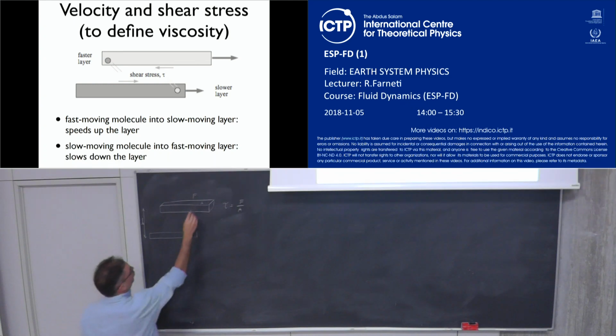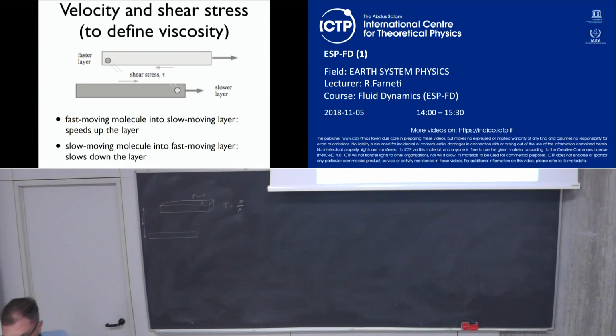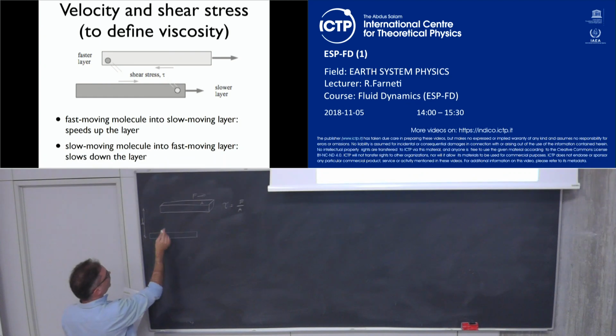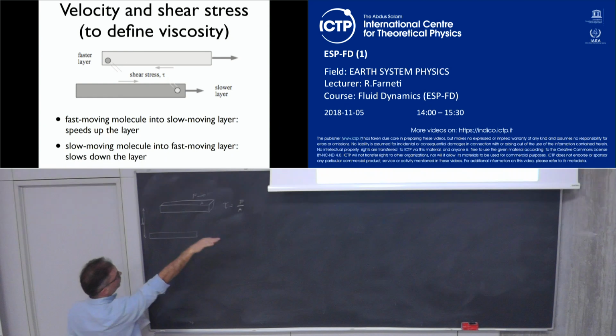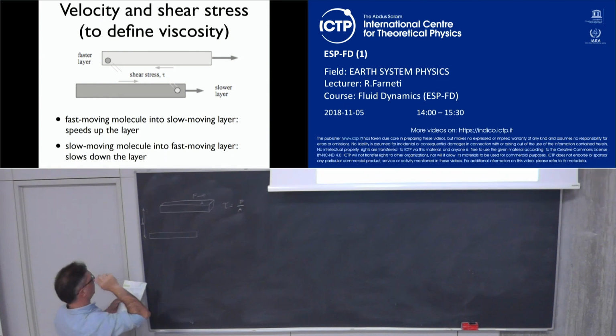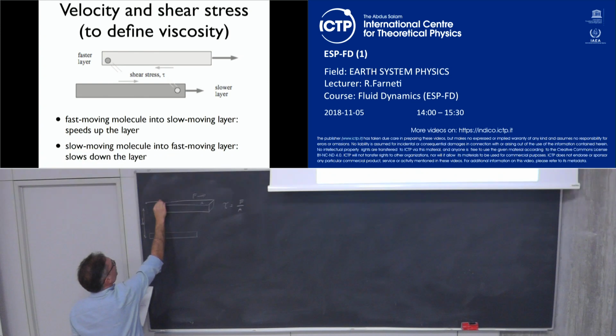When I apply this force or shear stress on the top plate, the fluid starts moving and deforming continuously because it's a fluid. At the beginning the top plate was on top of the bottom plate, and after a certain time it has been deformed in that direction by the shear stress, with some delta L, and we have formed an angle delta beta.